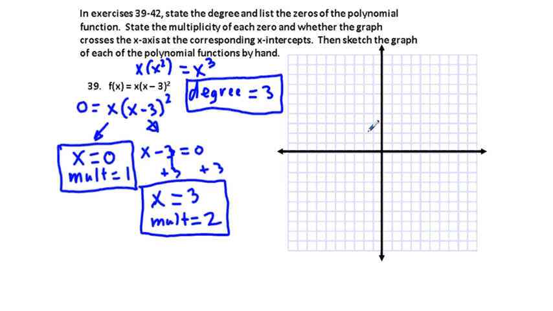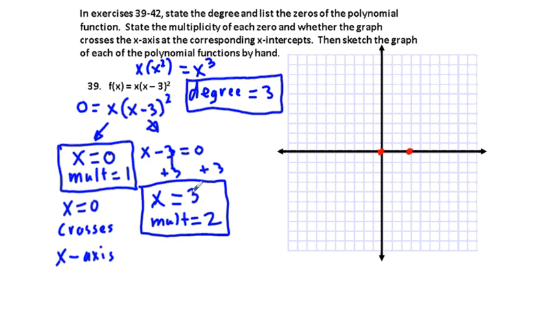And so we can go ahead and mark on our graph here at x equals 0 and at x equals 3. And as far as it says, whether the graph crosses the x-axis, well, for an odd number multiplicity, we know this 0 here will cross the x-axis. So we'll say x equals 0 crosses x-axis. Another piece of information.